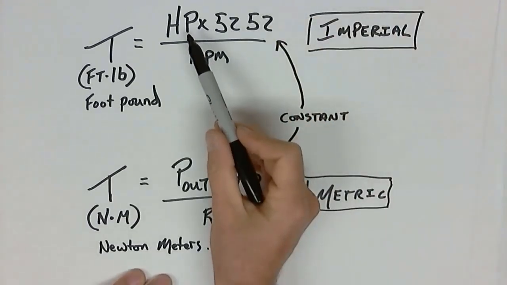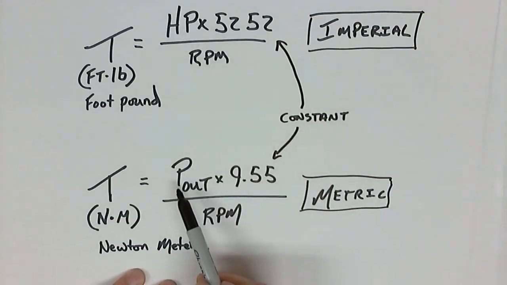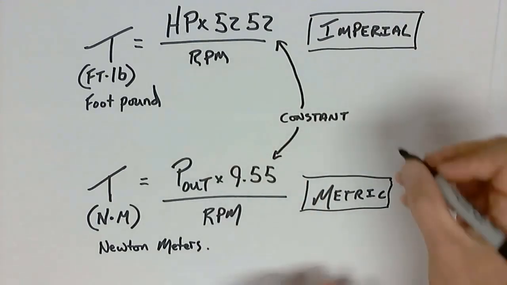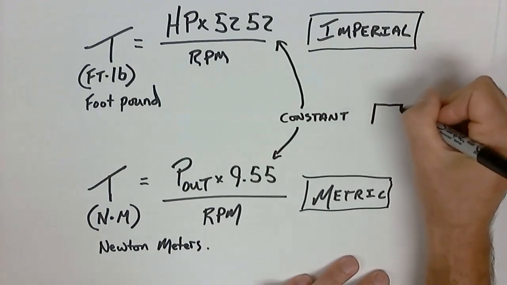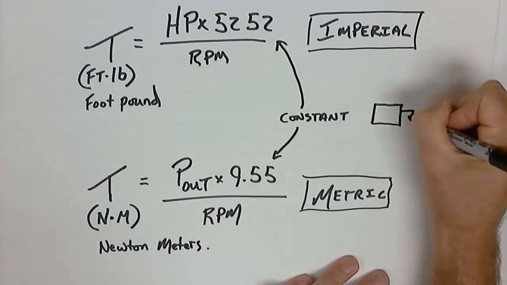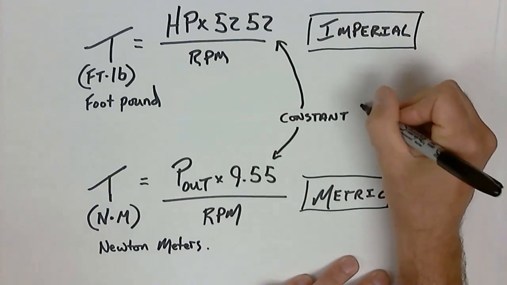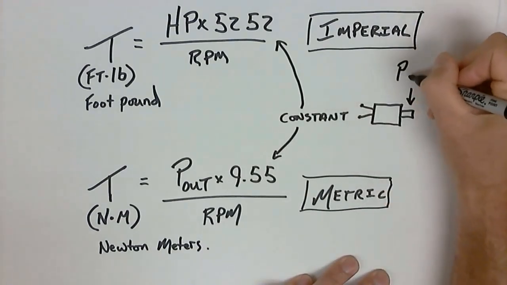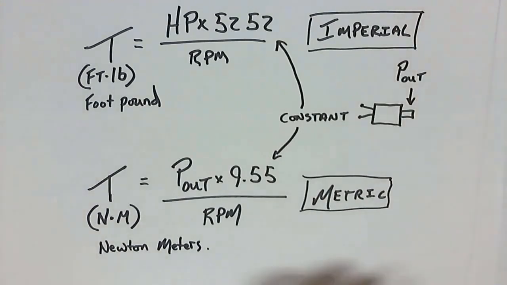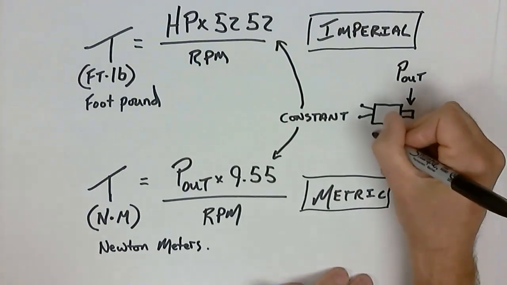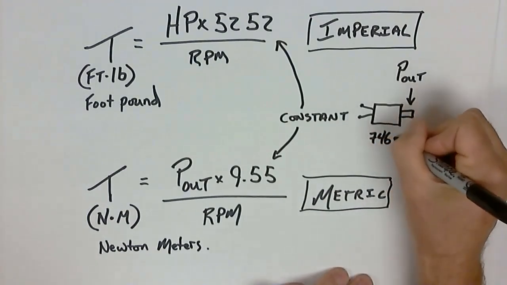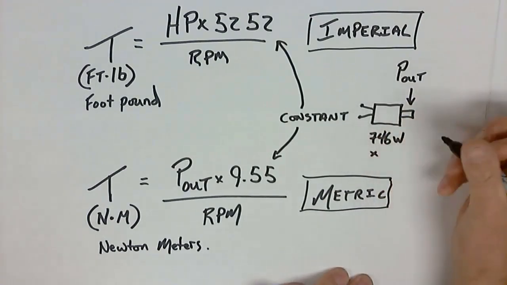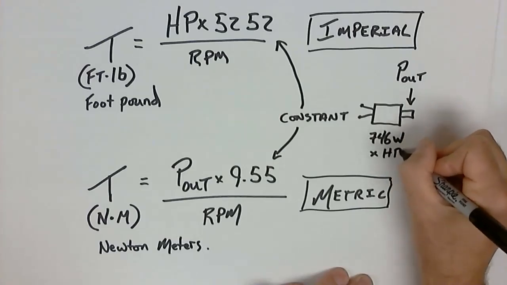The horsepower and the power output are the same thing, aren't they? Because on a motor, the shaft of the motor is where the power output is. So you can either refer to that as horsepower, or you can take 746 watts for each horsepower.